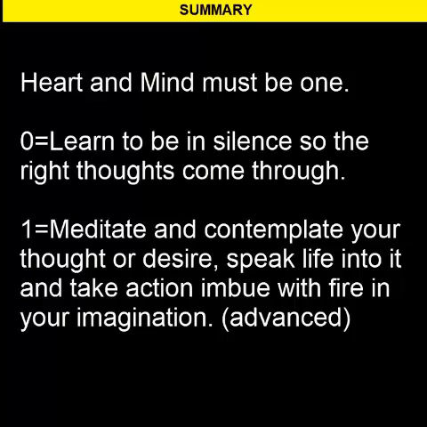Even though you have some desires, still learn to be in silence. In the Fibonacci sequence 1, you will meditate and contemplate your thoughts and your desire. You will speak life into it. You will take action. And you will imbue it or visualize it with fire.